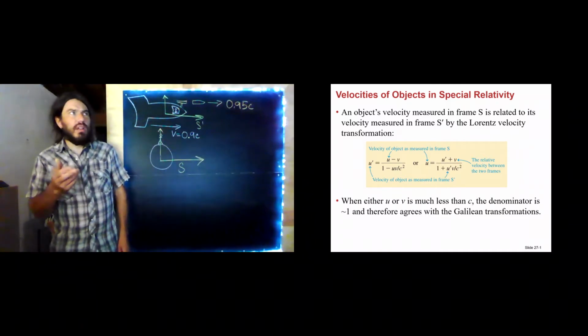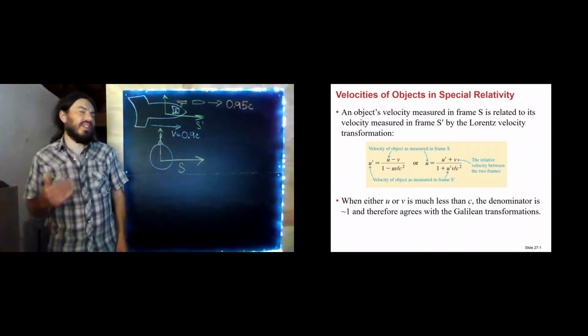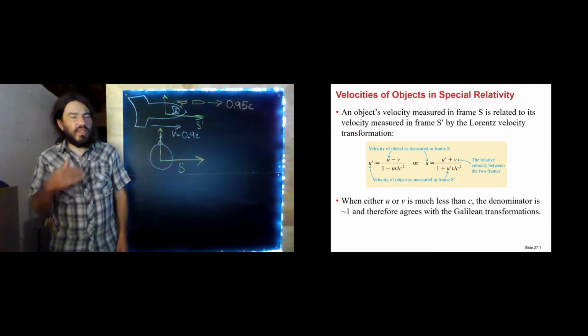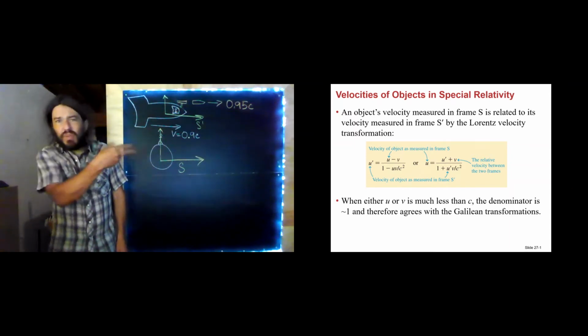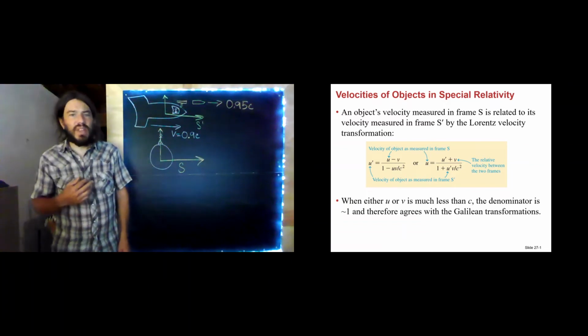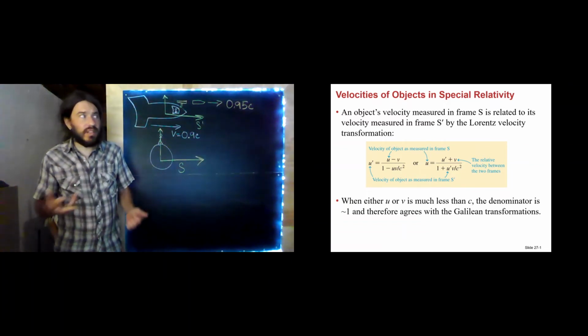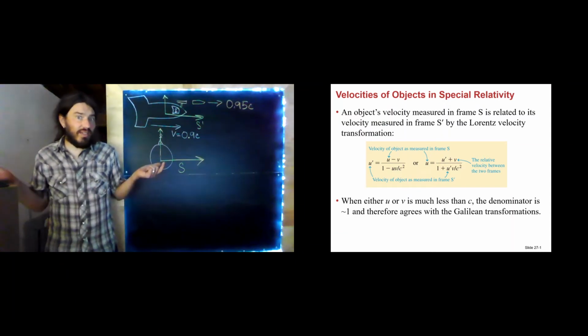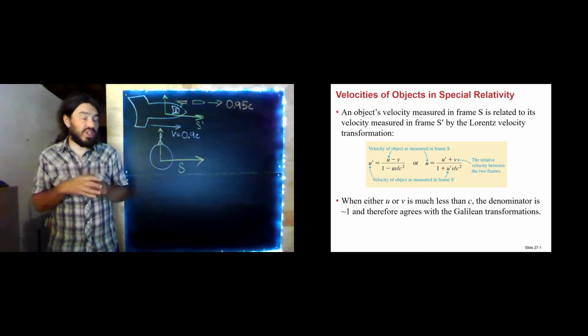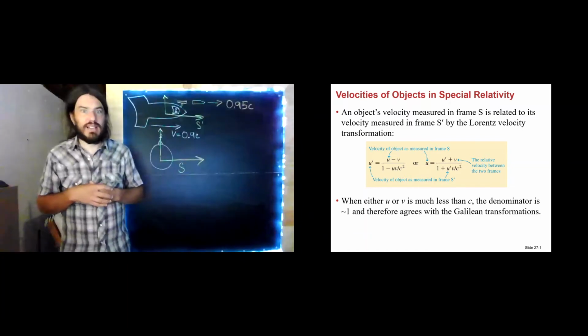So this is why you don't notice this in your everyday life, is because the velocities that you deal with in your everyday life are so slow that we don't have to worry about this stuff, right? So if either V or U is sort of human-sized speeds, then the Galilean velocity transformations that we started this chapter out with work just fantastically.